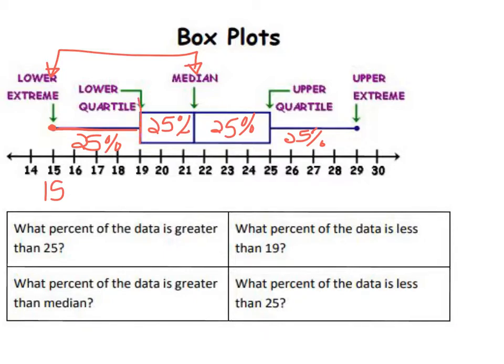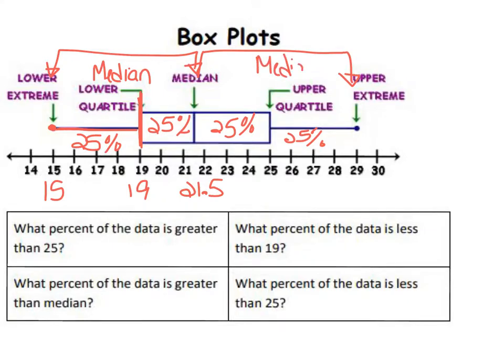Now, when you're looking at the lower quartile, that's the median of the lower part of the data. So the median of the lower part is 19. The median of the whole data is going to be 21 and a half. Now the upper part of the data is the other 50%, so we have a median also in there.